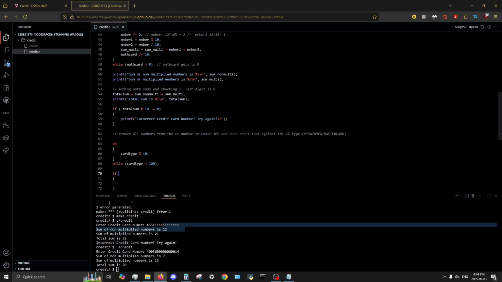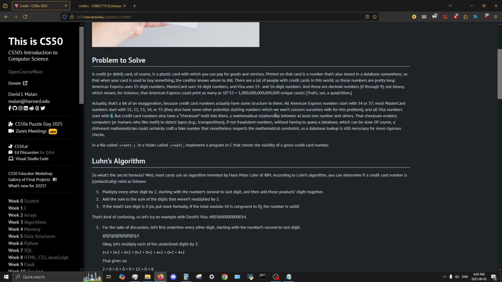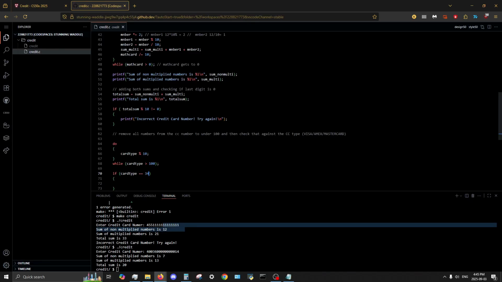So it's here, if card type is equal to, what was it? 34 or 37? 34 or card type is equal to 37.